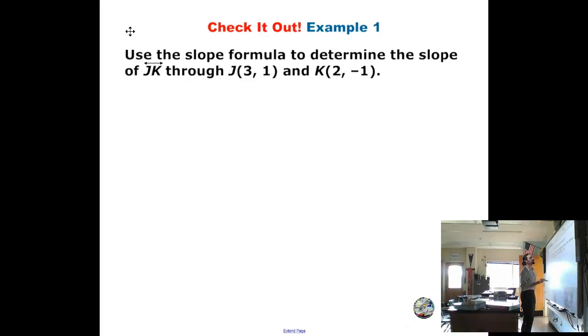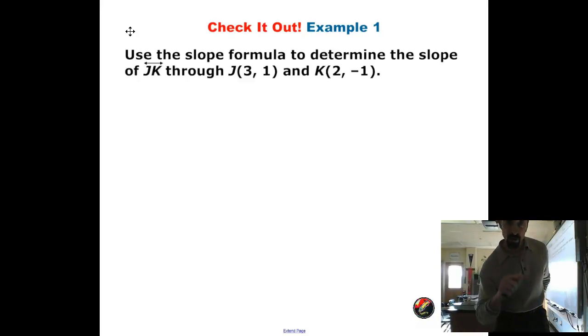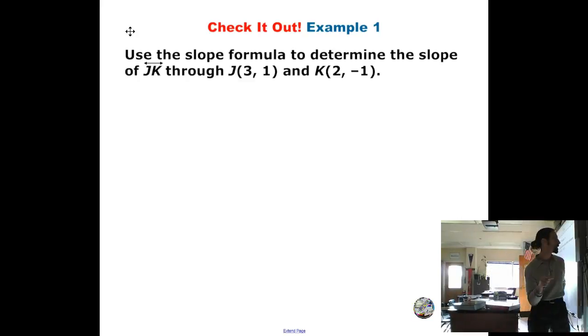So here it says use the slope formula to determine the slope of line JK through the points J(3, 1) and K(2, -1). Now, it doesn't matter which point you say is point 1 and point 2, so long as you keep it consistent throughout. So here's what I mean by this.